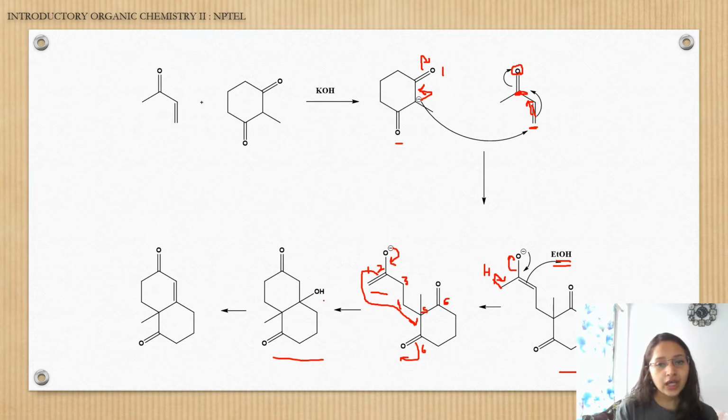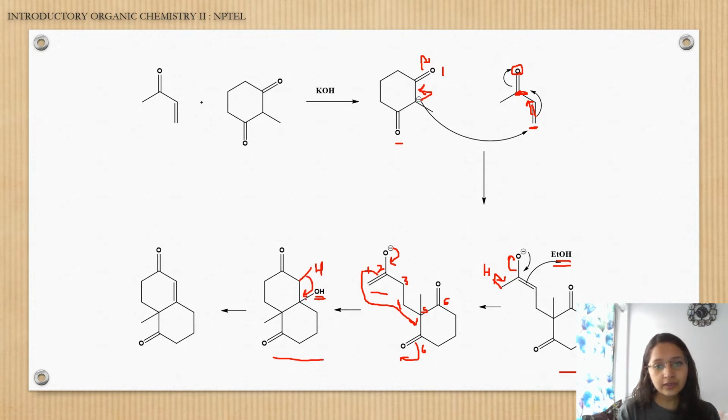Now a dehydration process is taking place to give you an alpha beta unsaturated ketone. We have already studied this in the previous lecture: whenever you have an OH at this position, it will rather stabilize like an alpha beta unsaturated center.